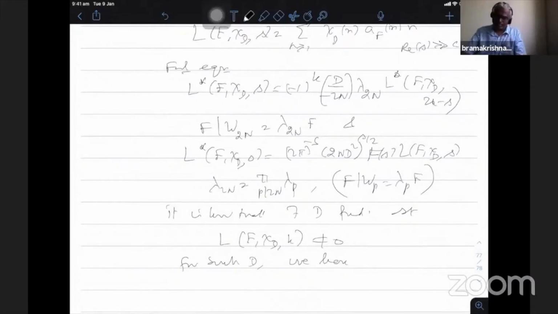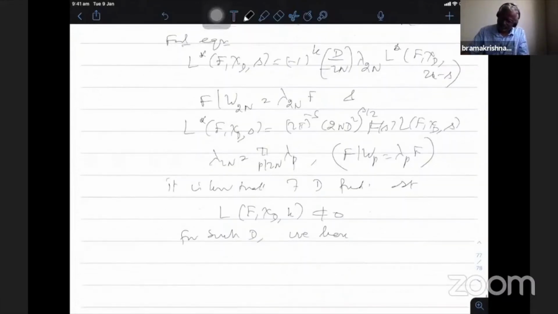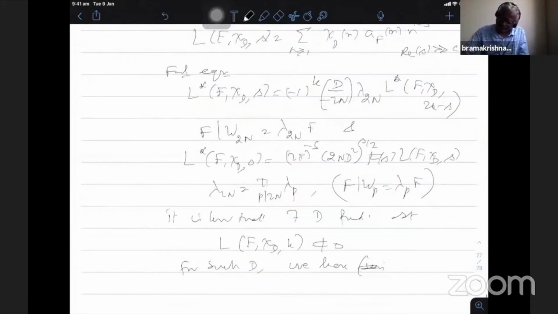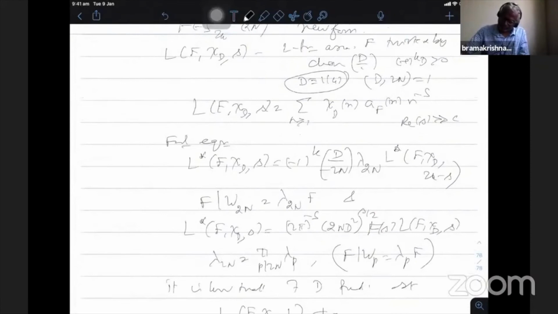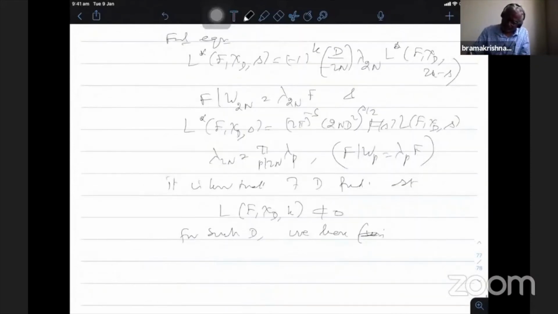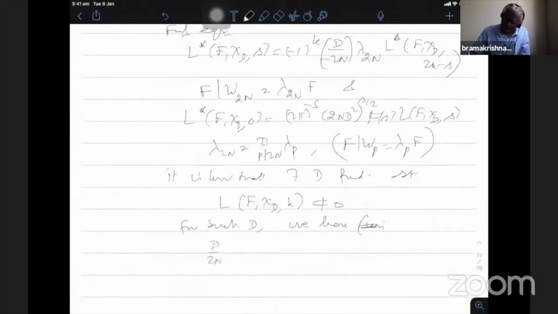Because (-1)^k D is positive, (D/-1) is (-1)^k. So we have (D/2n) is nothing but λ_2n. Because it is non-zero, both sides are equal, therefore the λ_2n should be (D/2n).